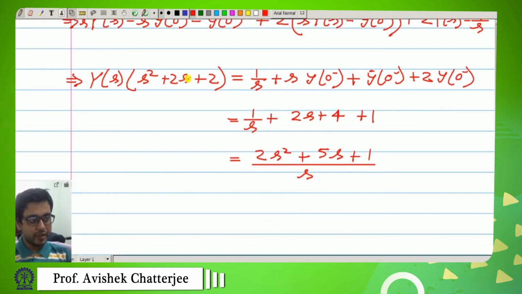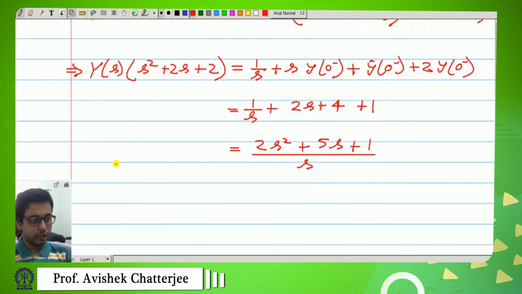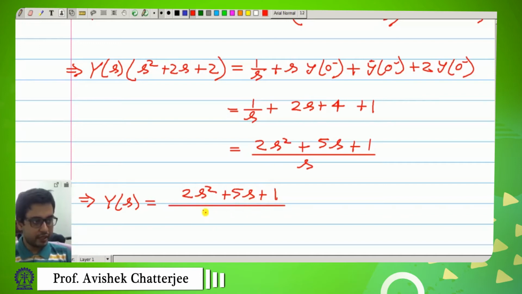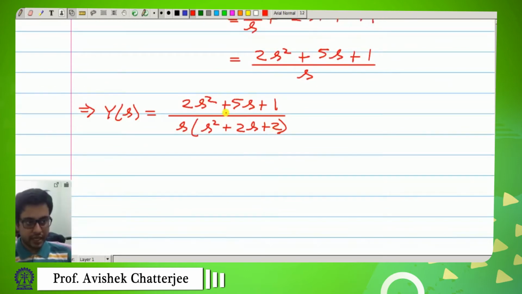Okay, now let me divide this. So we have capital Y is equal to 2s square plus 5s plus 1 divided by s into s square plus 2s plus 2. This can be simplified a bit.